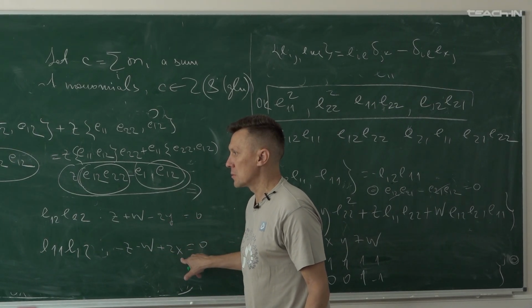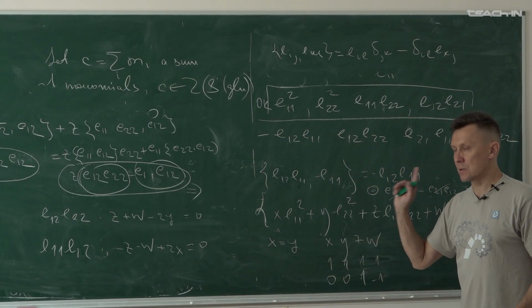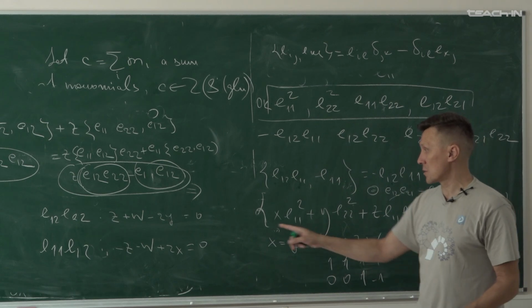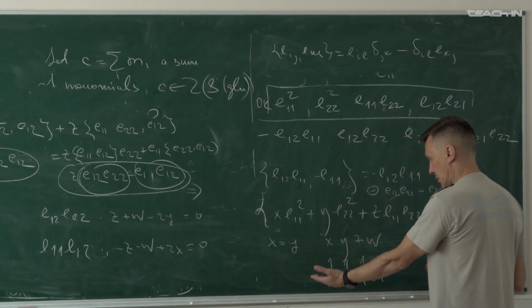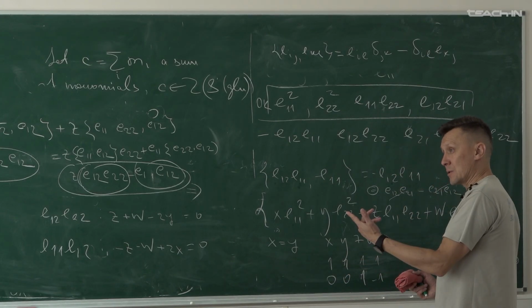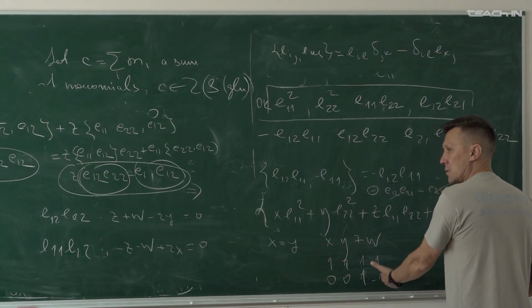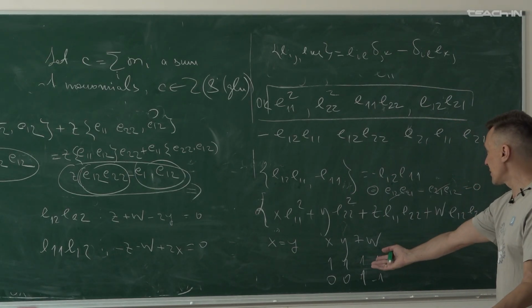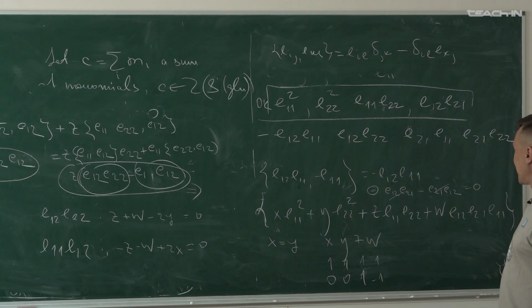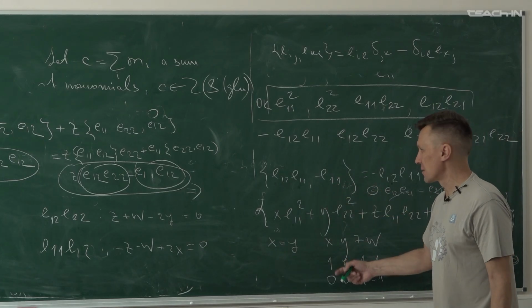Minus 1, 1, 0. Okay. You see, these are two independent solutions of this system of linear equations. They constitute a basis in this space. Each solution can be decomposed into a linear sum of such. So we can write this linear combination in these terms.